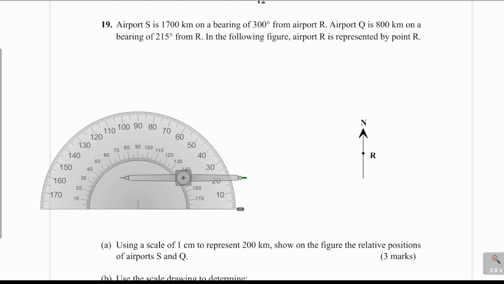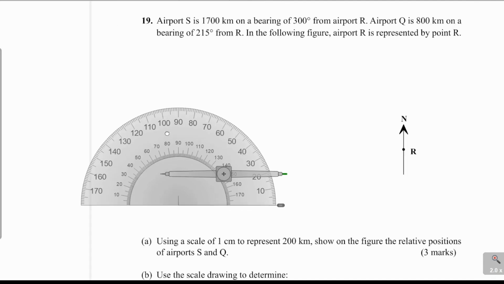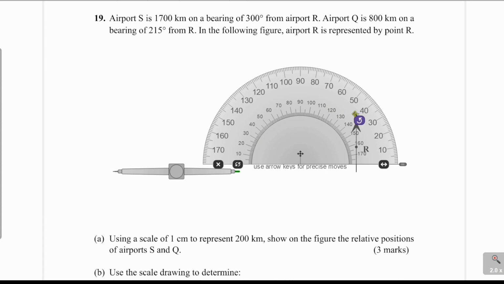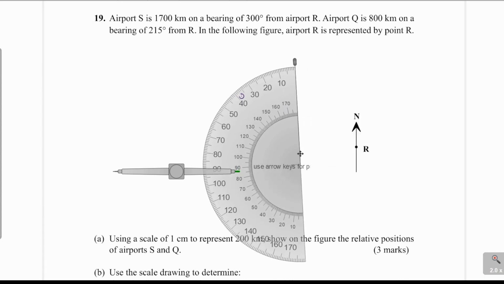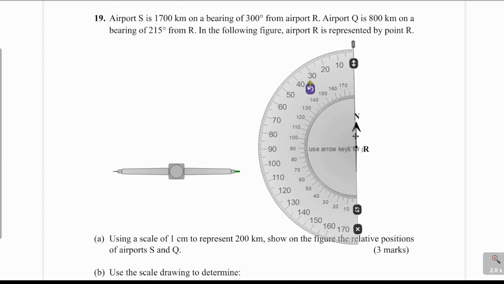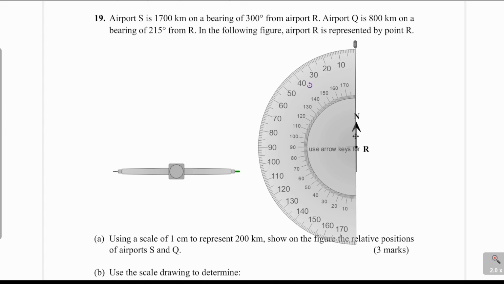So you just take your protractor and you want to measure 60, so make sure it is straight. Measure 60 from this end, so 60 this way up to this point.